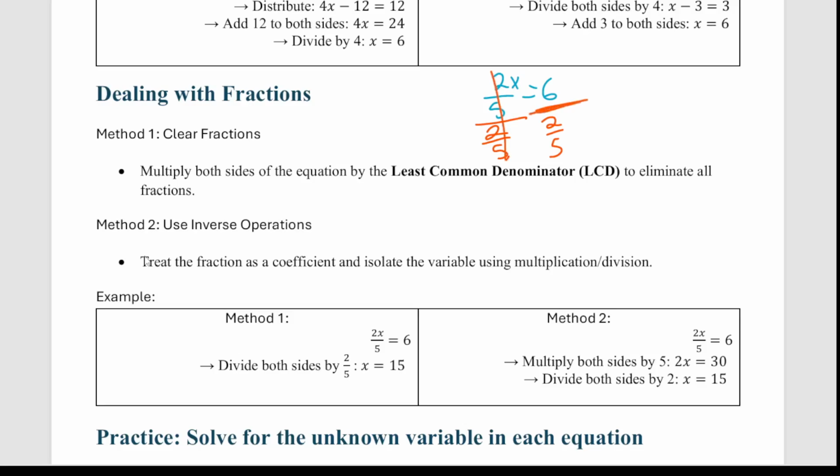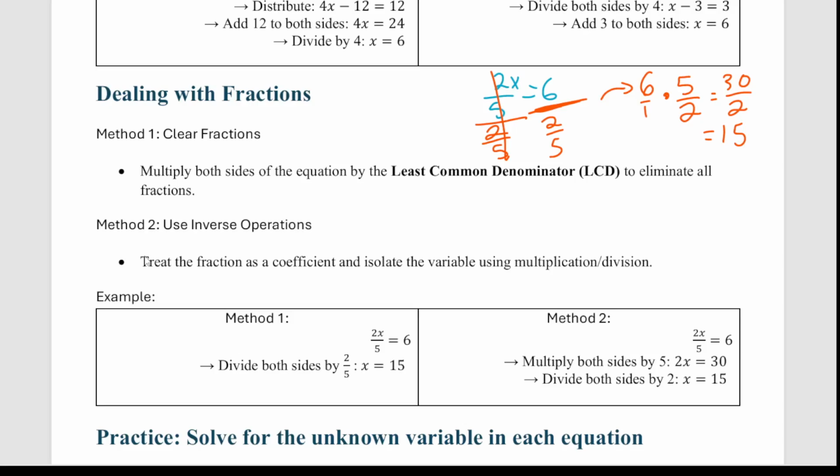Then whenever you have dividing both sides by 2/5, you would use your knowledge of fraction division to say, okay, that means keep the first number the same, change division to multiplication, and then we're going to flip the last number, so we're going to change this to multiplying by its reciprocal. Then you'll multiply across the top, multiply across the bottom, so multiply your numerators, multiply your denominators to get a final answer that simplifies down to 15, since 30 divided by 2 is 15.